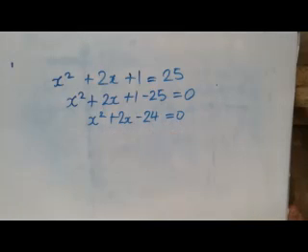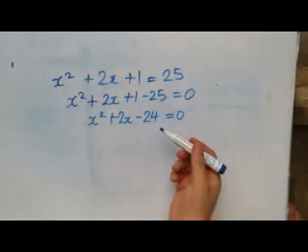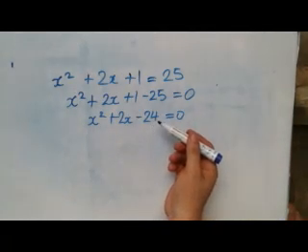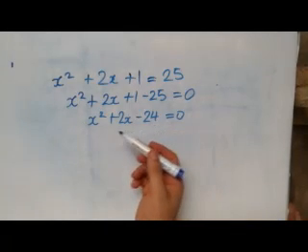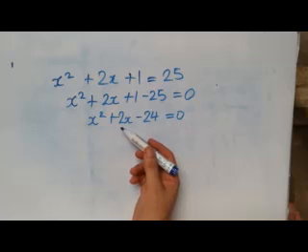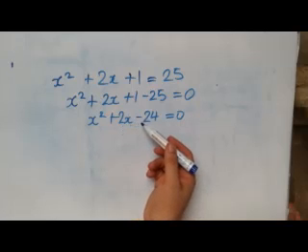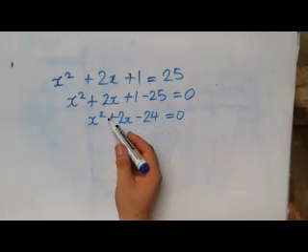So it means that we are looking for two numbers. When we multiply them together, we'll get 24. And when we add them together, we'll get 2. You also need to remember that the 24 is a negative number and the 2 is a positive number.